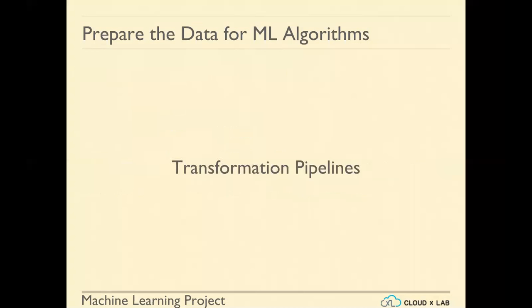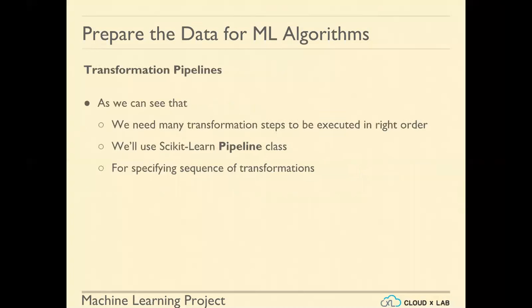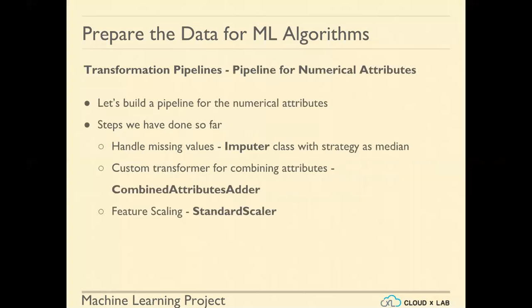Now we can create something called a transformation pipeline. A transformation pipeline is basically a pipeline in which you can add all the steps. So let's build a pipeline for numerical attributes. The steps we have done so far are handling missing values with the imputer class with strategy as median, a custom transformation for adding attributes, and then feature scaling.